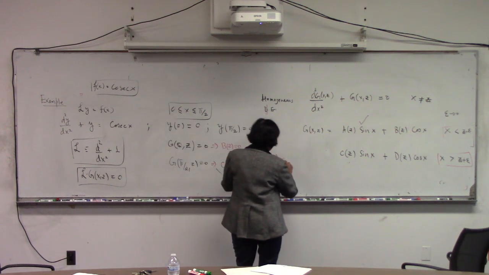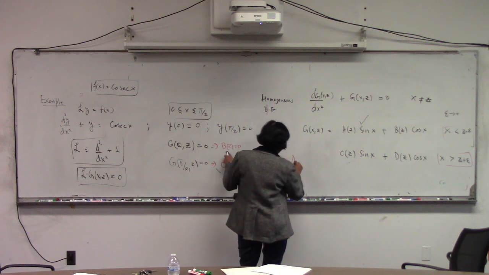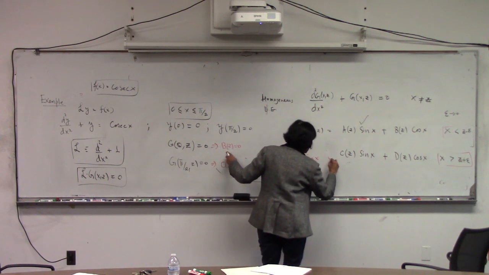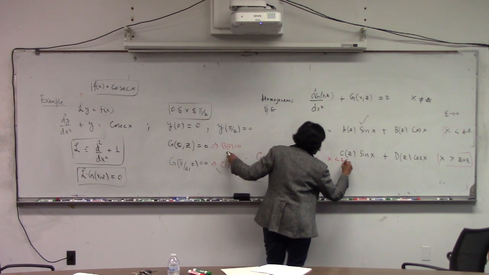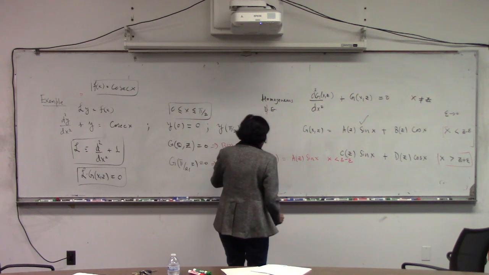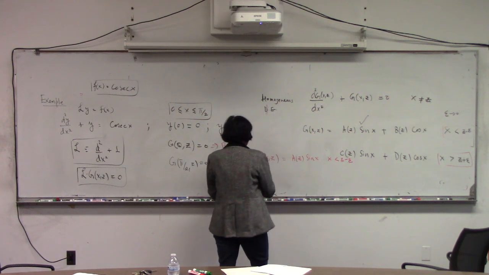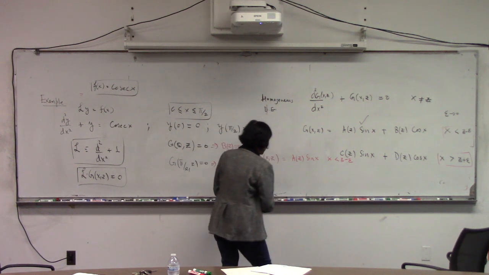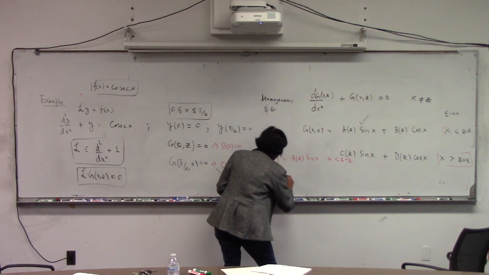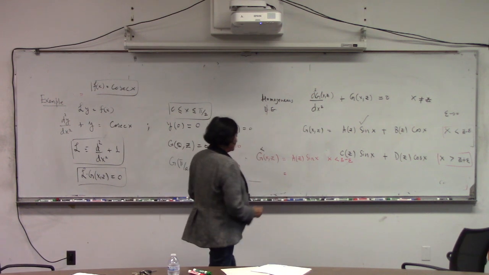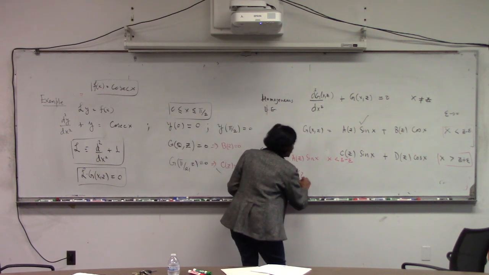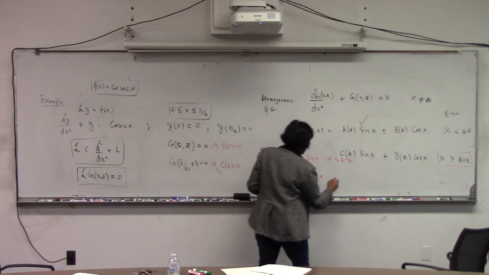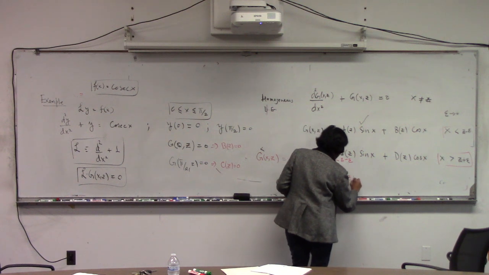So g of x, z then has this form: a of z sine x for x less than z minus epsilon. We normally also represent this with this symbol, just remember that it is below the discontinuity point, and it is equal to d of z cosine of x for x greater than z plus epsilon.